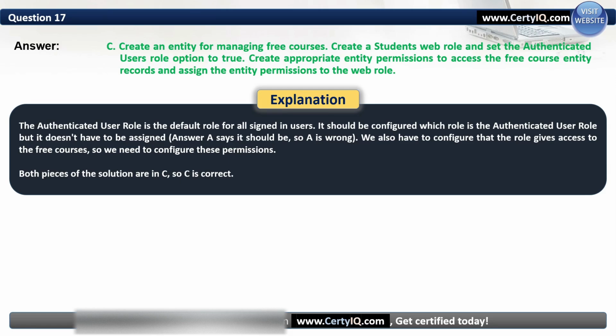The authenticated user role is the default role for all signed in users. It should be configured as the authenticated user role, but it doesn't have to be assigned. We also have to configure that the role gives access to the free courses, so we need to configure these permissions. Both pieces of the solution are in C, so C is correct.